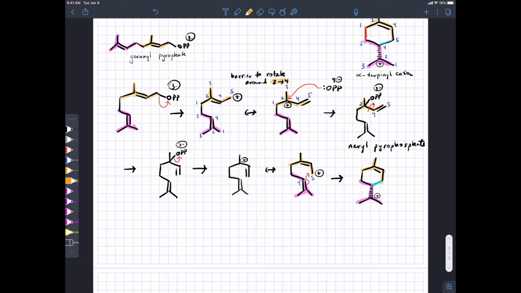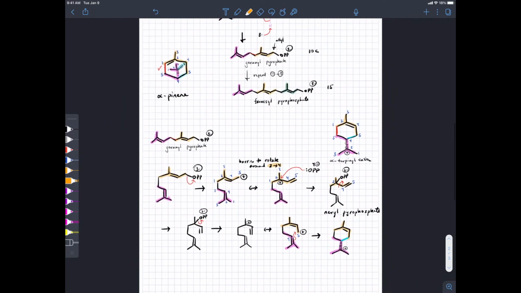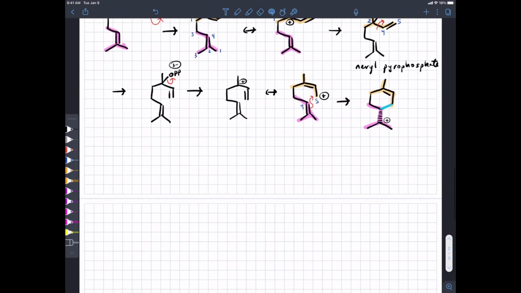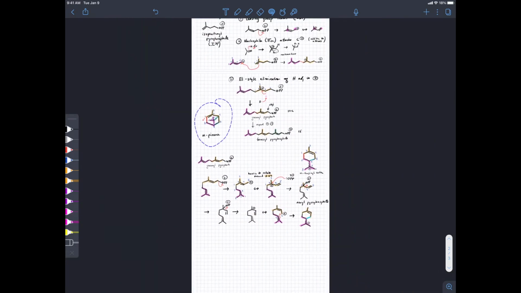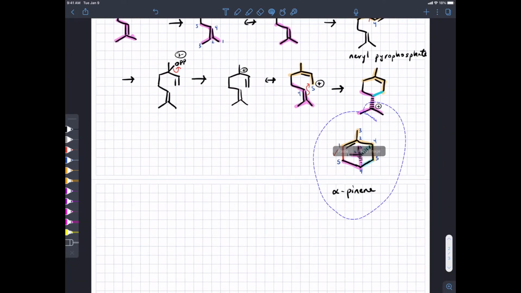Okay, so let's now compare that alpha terpinyl carbocation to alpha pinene and see where we need to go. As I'm checking things off in alpha pinene, circle, copy, paste.